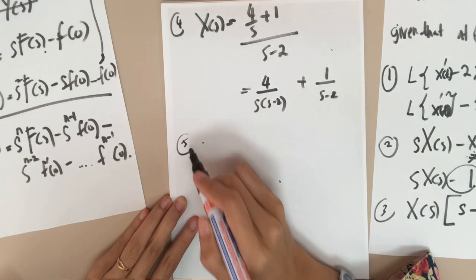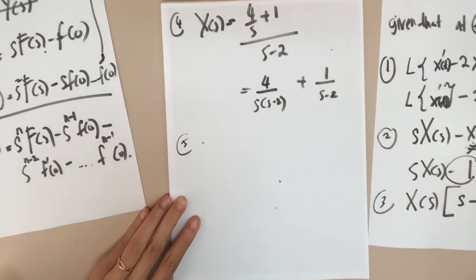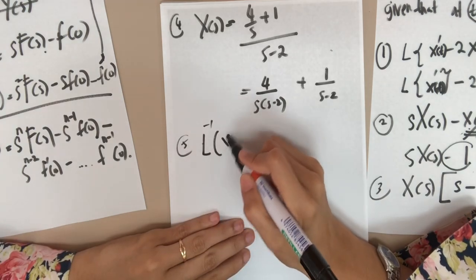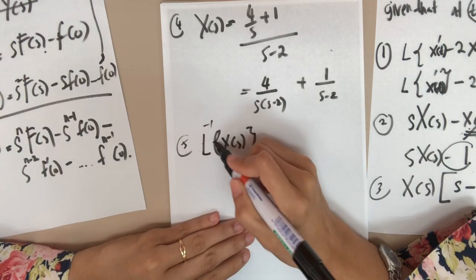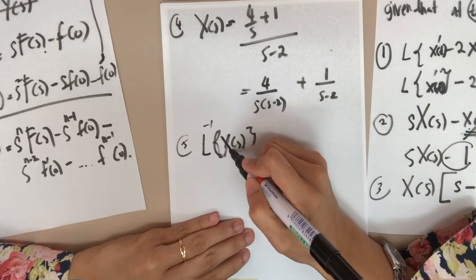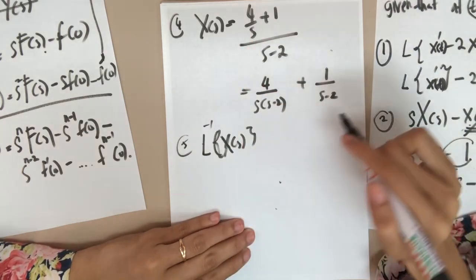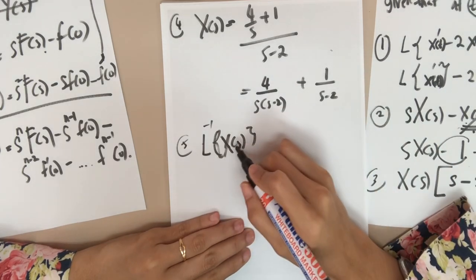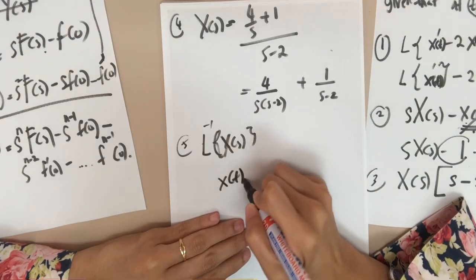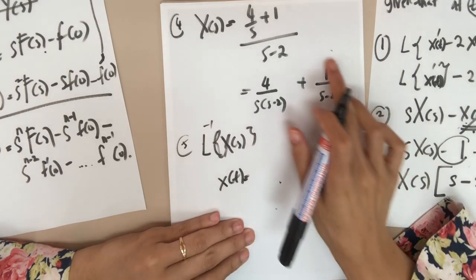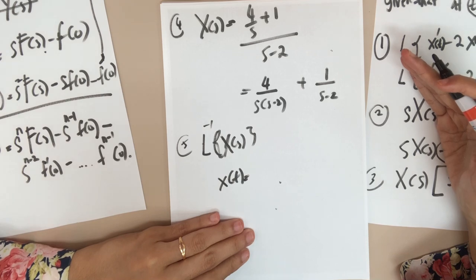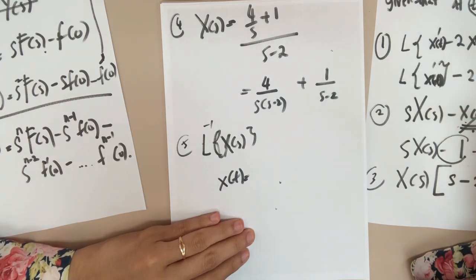If you refer to the steps, the next step is you need to find the inverse Laplace of X(s). This is your X(s), and now you want to find your x(t). The inverse of X(s) means you need to find your x(t), so you need to apply the inverse, the previous topic that we learned last week.